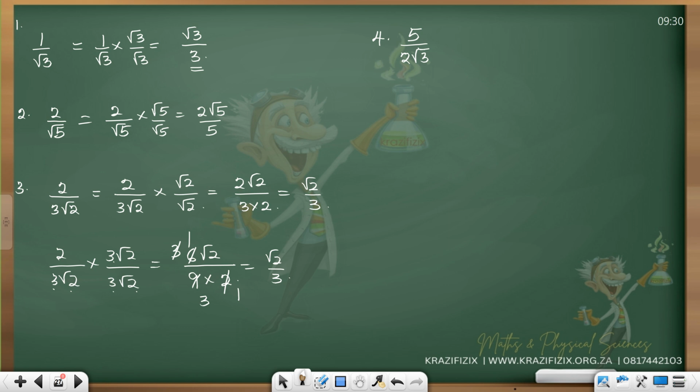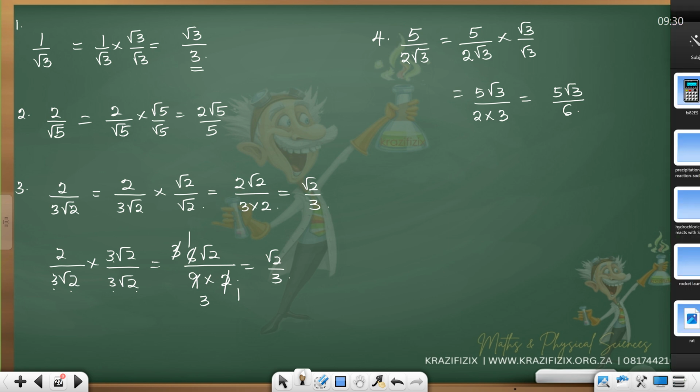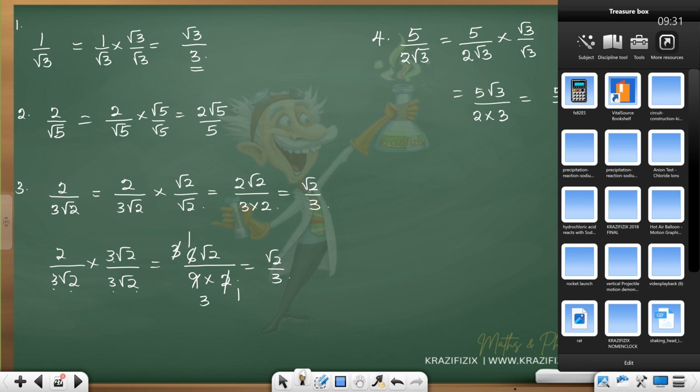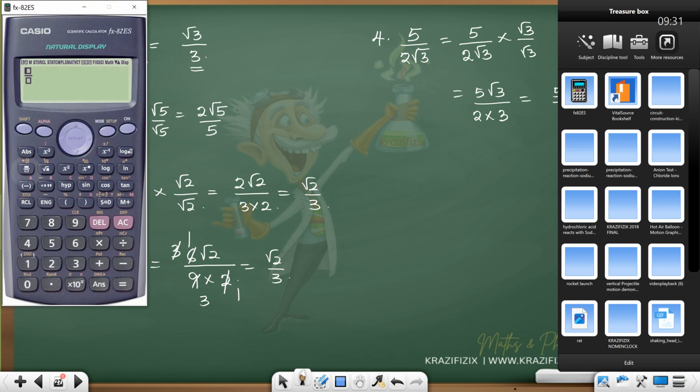So you don't need to really multiply by the 2. You're just getting rid of the root. So all I need to do is to only multiply, it's simpler that way, by the root 3 and the root 3. So I have 5 root 3 over 2 times 3, which is 6. I hope you see where my 3 came from. Root 3 times root 3 is 3. Let's confirm. 5 over 2 root 3.